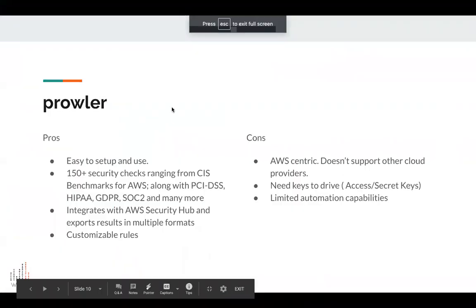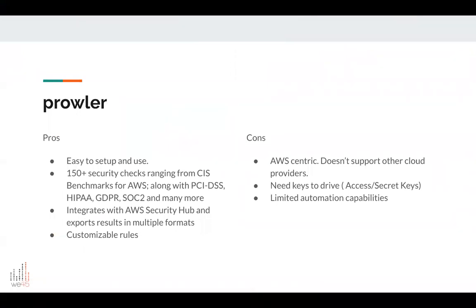It's also fairly easy to set up, and the unique thing about this tool is that it offers you security checks for a wide range of compliance standards, whether you want to do it as part of the CIS benchmark that is out for AWS, or along the lines of PCI DSS or HIPAA checks, or any of the custom checks that the Prowler team itself has put in place, which are categorized as extra, because they are all non-CIS based checks.